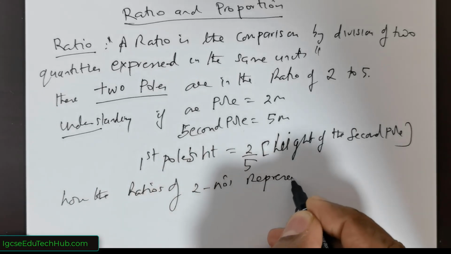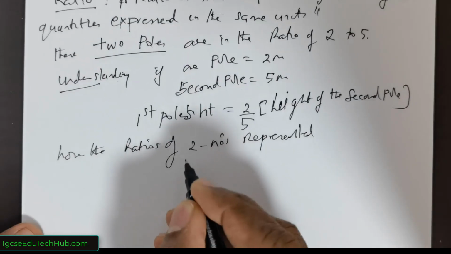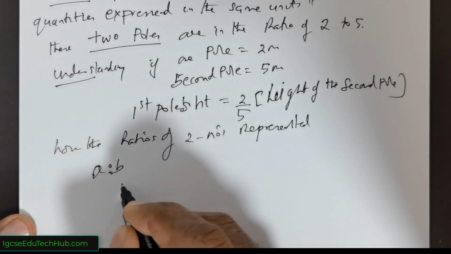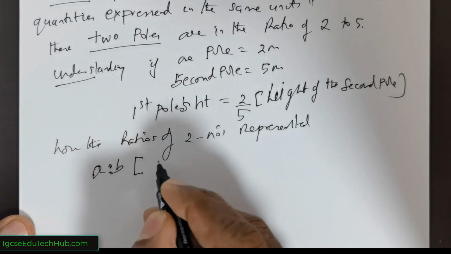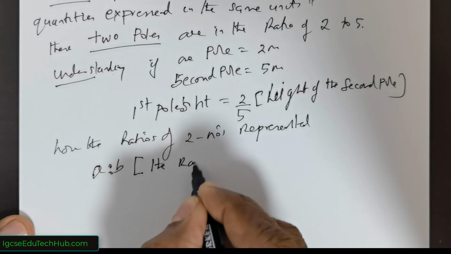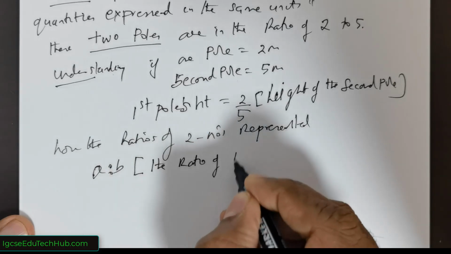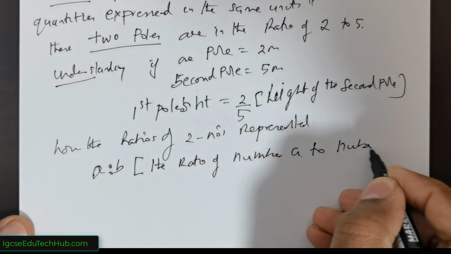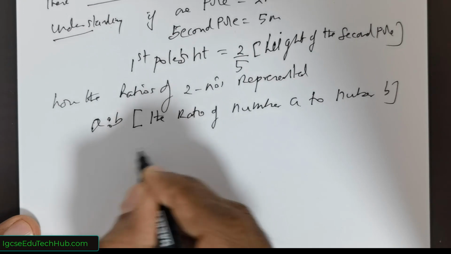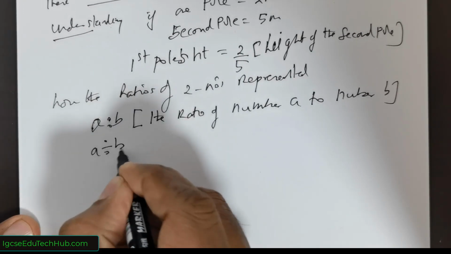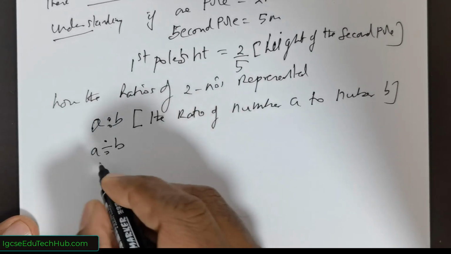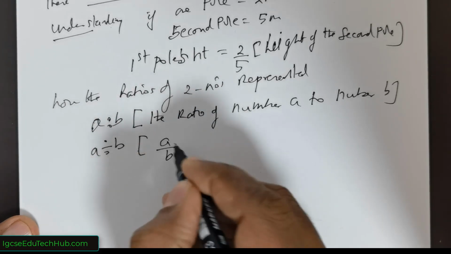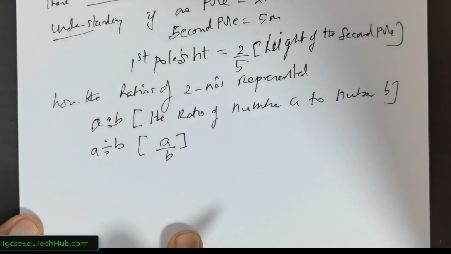If I were to say A is to B, this is the representation, and the meaning is the ratio of number A to number B. This is also equivalent to A divided by B. So ratio is often represented as A divided by B. So this is the representation.